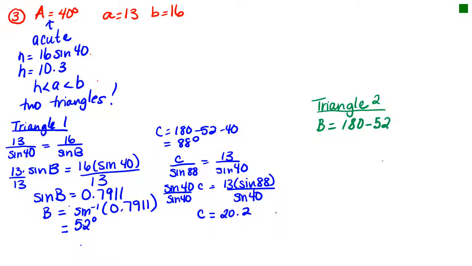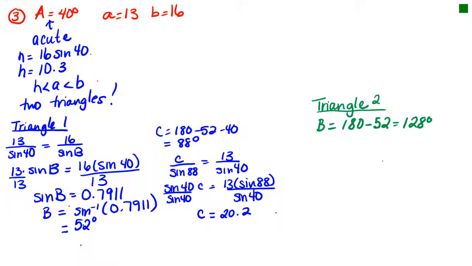Okay, so 180 minus 52 is 128. So if it was 128 degrees, instead of being the acute angle that matched up, it'd be the obtuse angle that would match up to that. Again, this is the supplement to the original angle that we talked about over on the other side.